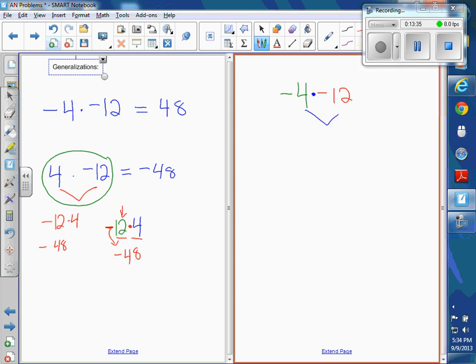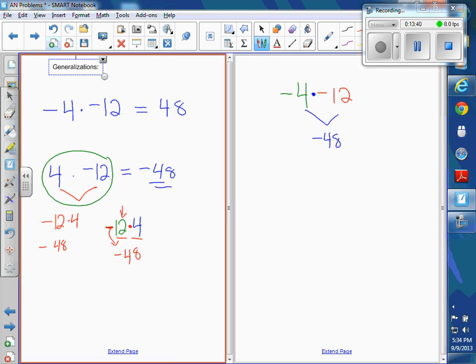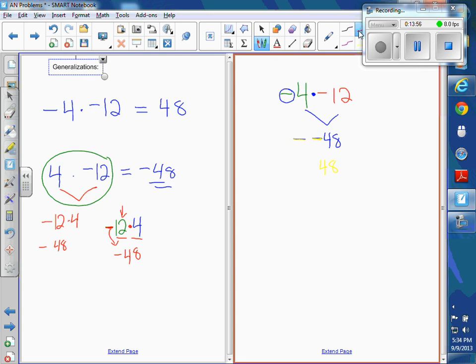That itself is negative 48, because we just figured that out over here. And this is just the opposite of 4 times negative 12. So you have these two negatives, so you can think of this as the opposite of negative 48, which is positive 48.